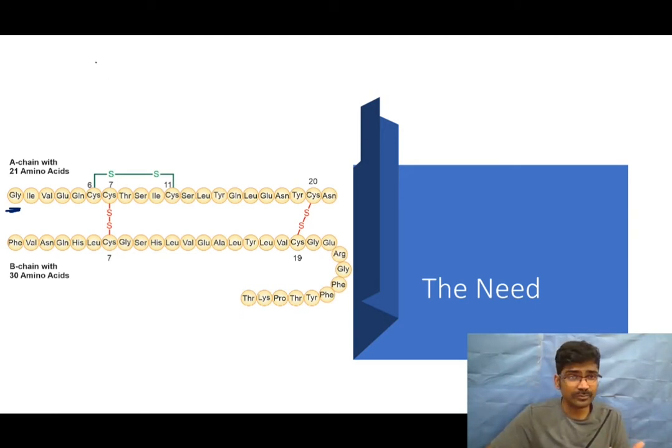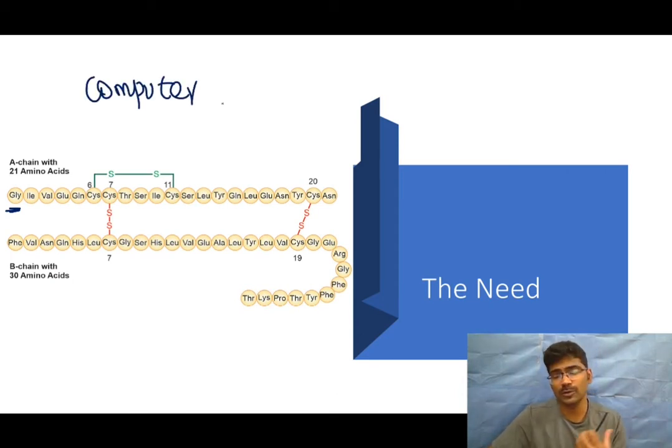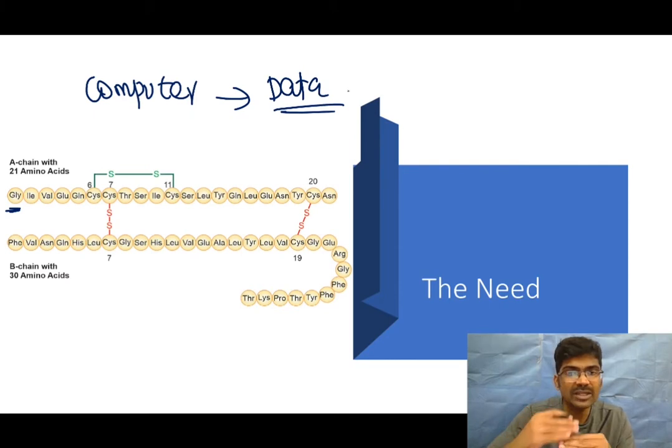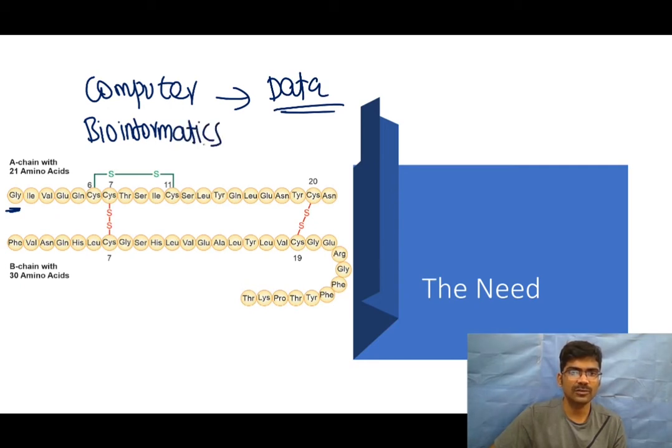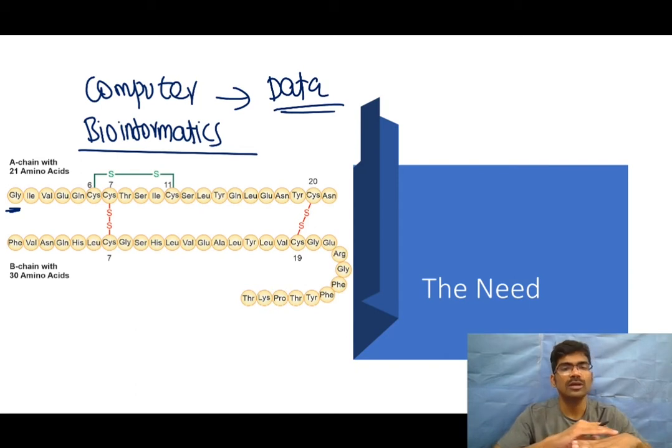Moreover, when you put the information in the computer, it's not just about printing books. In the computer, the data should be limited. You cannot have a lot of data in the computer also. There is a branch, bioinformatics, where people deal with genome, all these things.